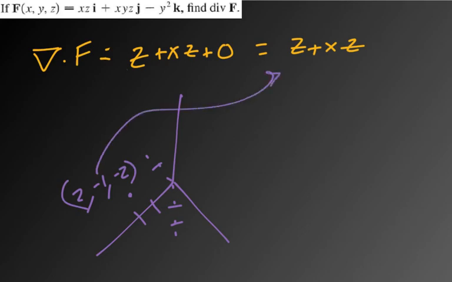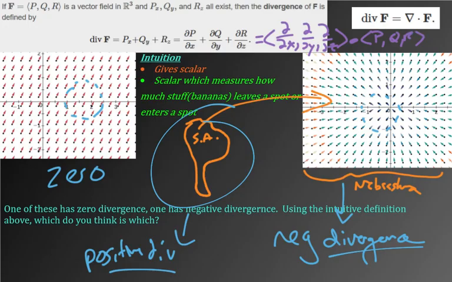So then you can go up here and say, okay, my divergence at that point is -2 plus 2 times -2, which is equal to -6, right? And since it is -6, that is like my Nebraska and my bananas analogy.